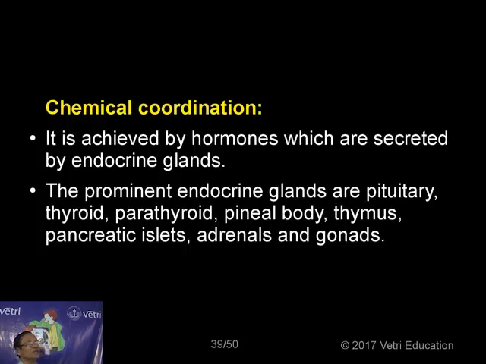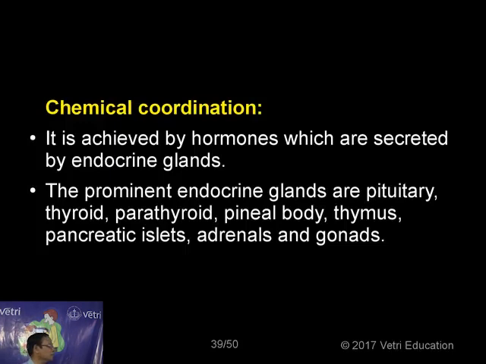Nervous coordination is brought about by the nerves, which carry impulses from the brain or spinal cord to the concerned organ, or from the organ to the brain or spinal cord. Chemical coordination is normally brought about by hormones secreted by endocrine glands, the ductless glands. In vertebrates, including man, certain glands secrete hormones to integrate the various functions.